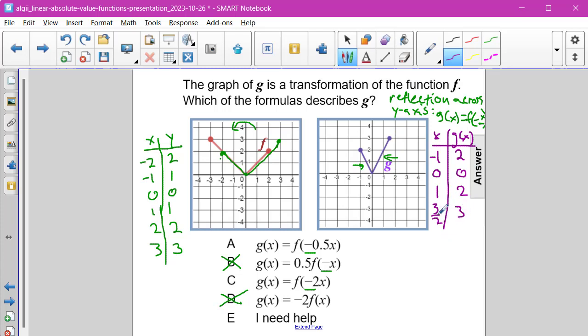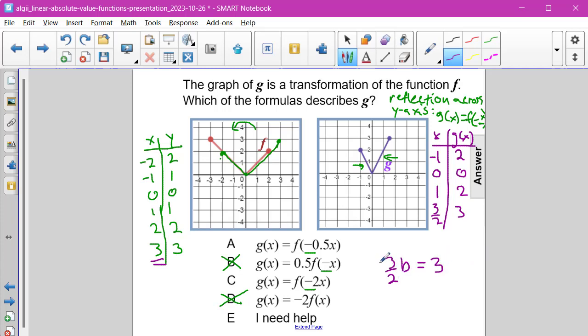Okay, so I got to figure out what x is being multiplied by to get to 3. So that way the output is 3. So 3/2 times what value b is going to give us this x input there, which is 3.